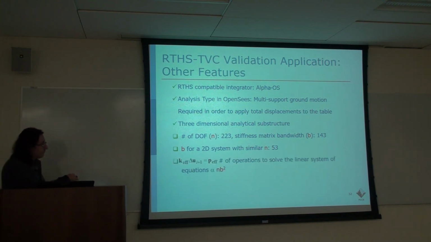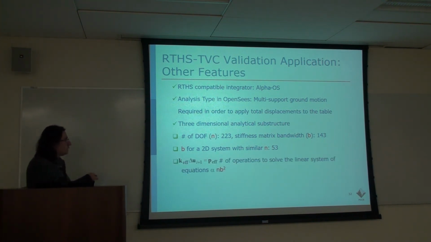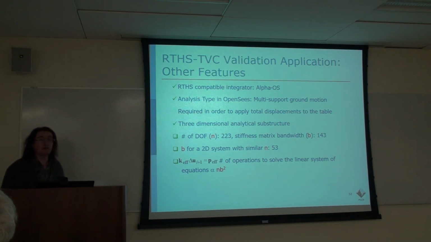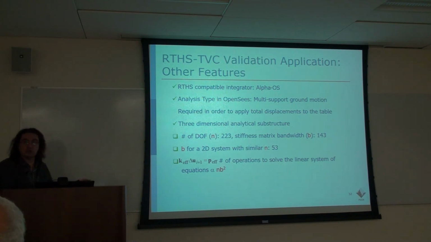Because during the numerical integration, at some point we need to solve this linear system of equations, and the number of operations required to solve it is proportional to nb squared. N is the number of degrees of freedom and b is the bandwidth.